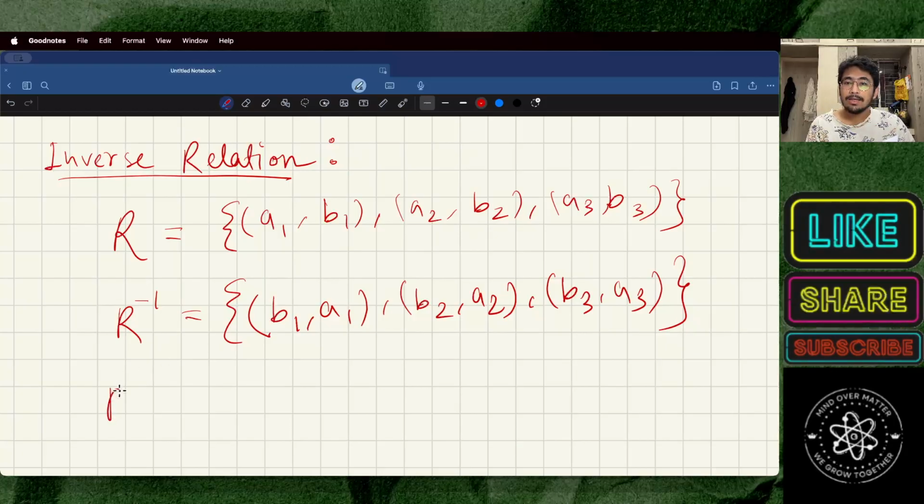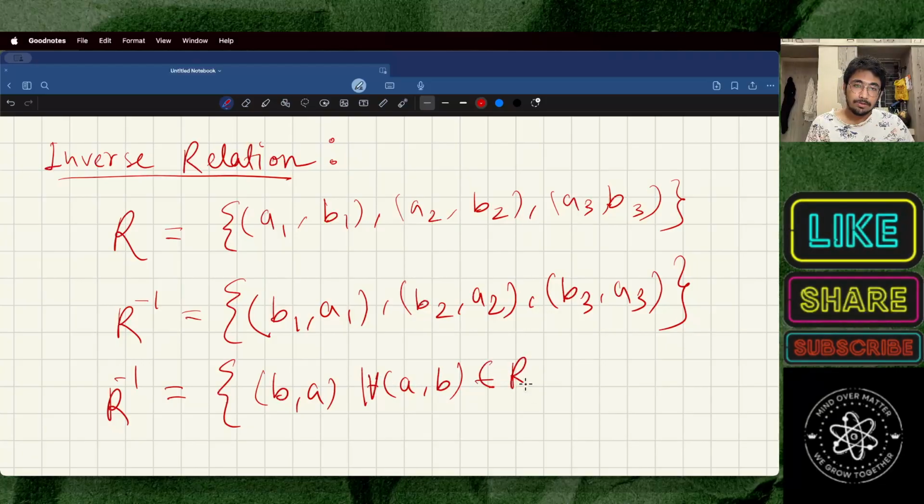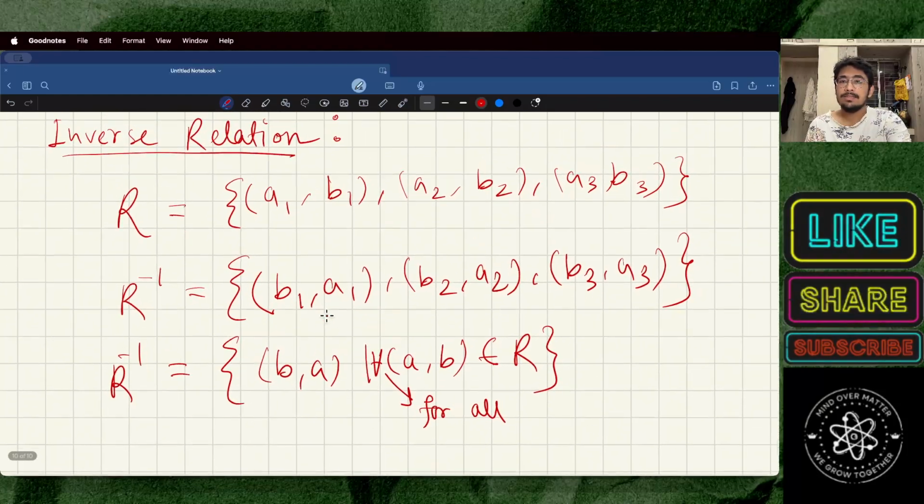Okay, so R inverse is written in roster form like this, for every a comma b, for all a comma b belonging to R. This sign is named for all. Okay, so this is the inverse relation.